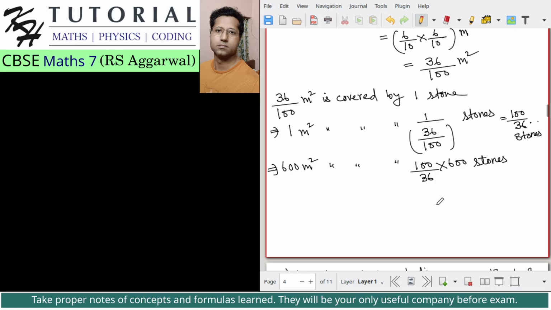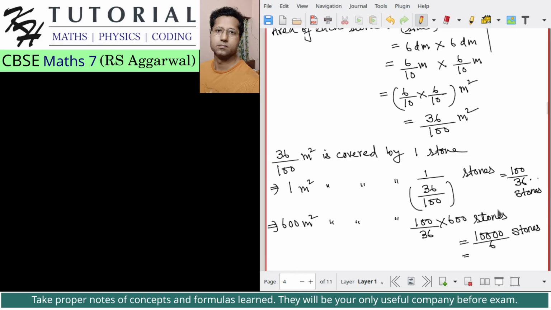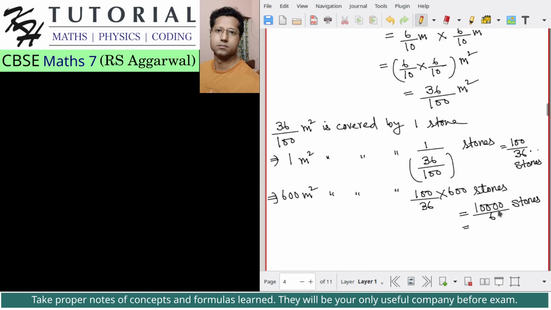So this is the step of applying the unitary method, which is equal to 10,000 divided by 6 stones. How much is this? 10,000 divided by 6. I don't think 10,000 will divide by 6. The answer is 2,000. How come?